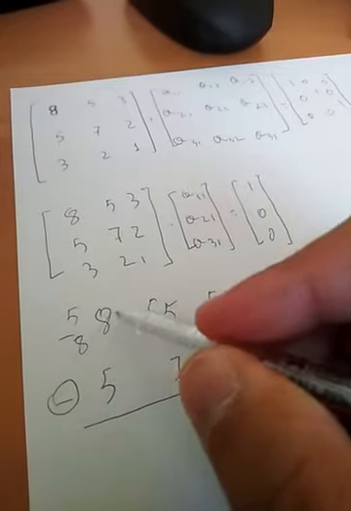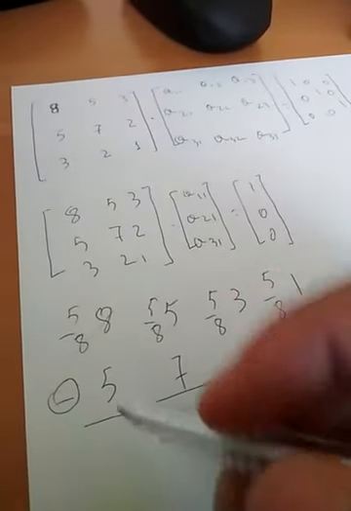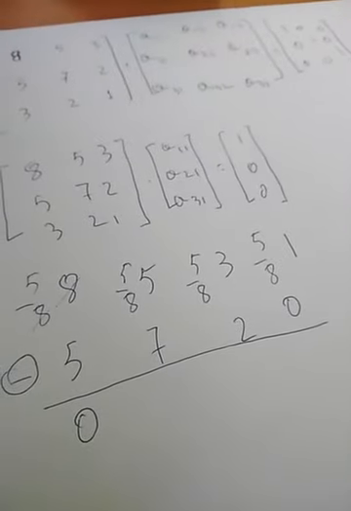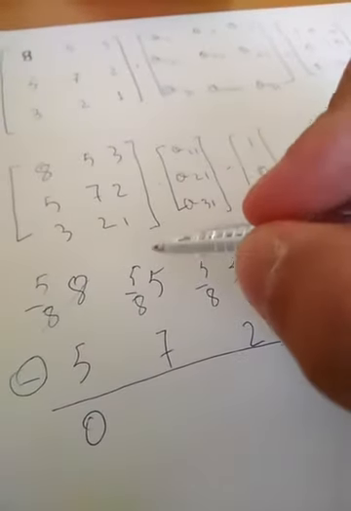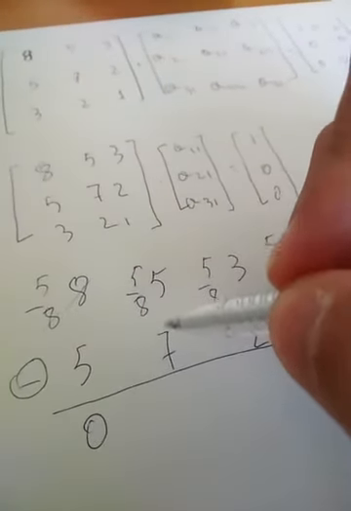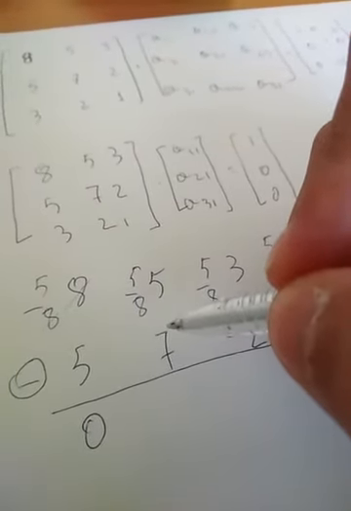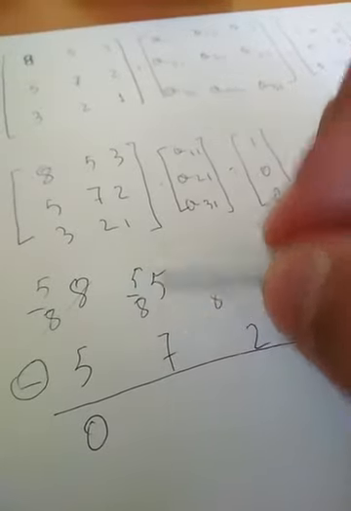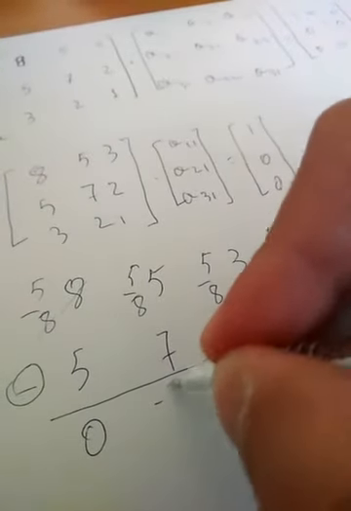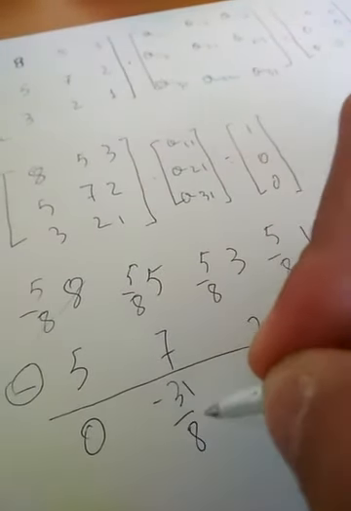8 and 8 will go away, so we have 5 minus 5, 0. So we carry on subtracting. 7 times 8 is 56, 5 times 5 is 25, so 25 minus 56 is minus 31 over 8.